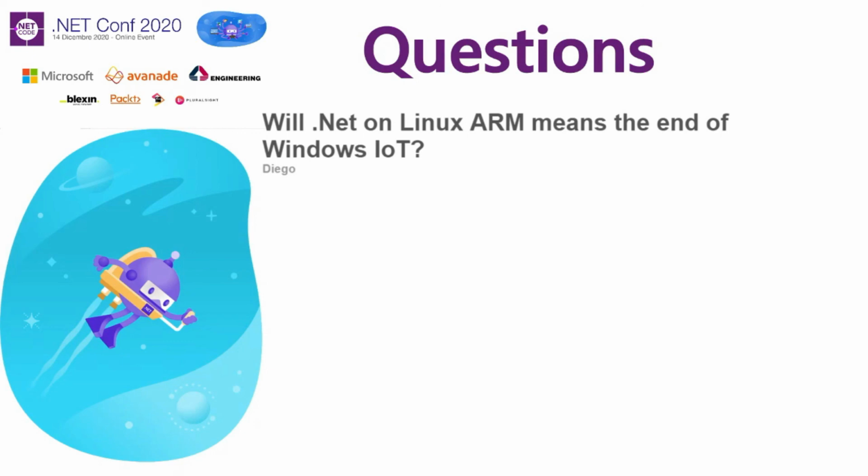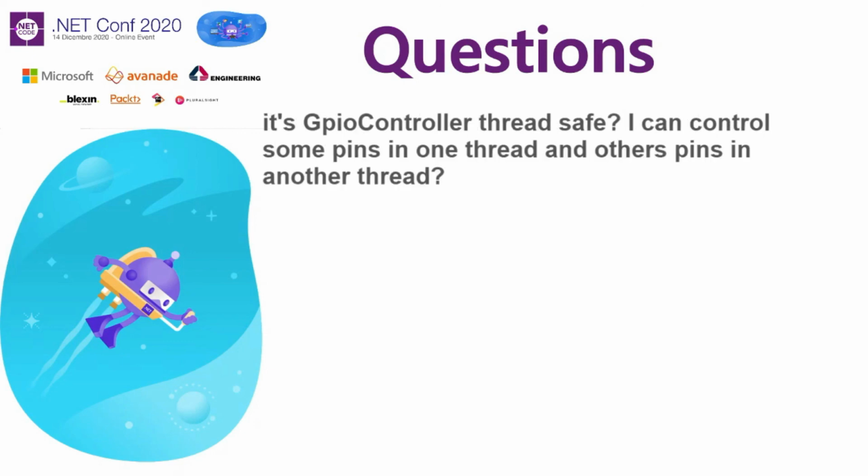Okay, and there is another question. Is the GPIO controller thread safe? I can control some pin in one thread and another pin in another thread. Yeah, you can, if you are in the same main process.